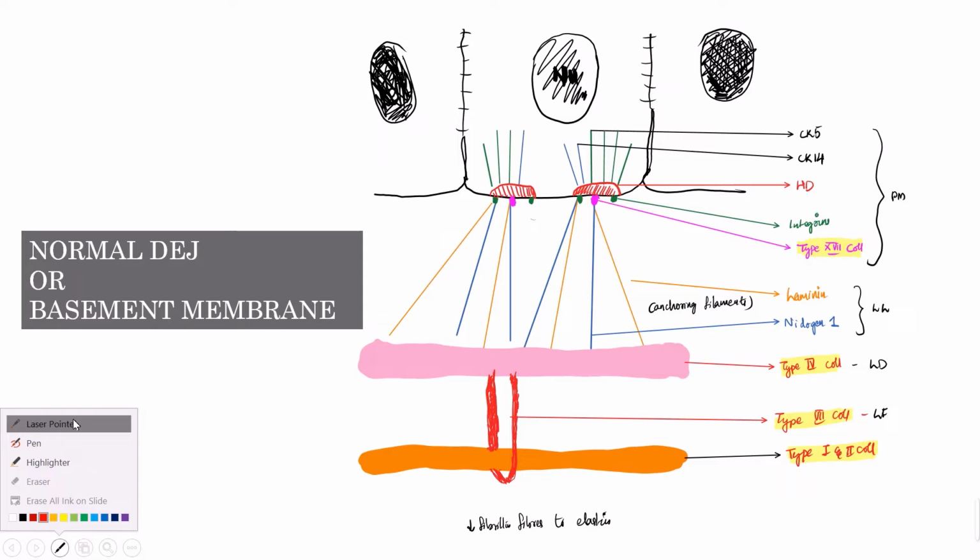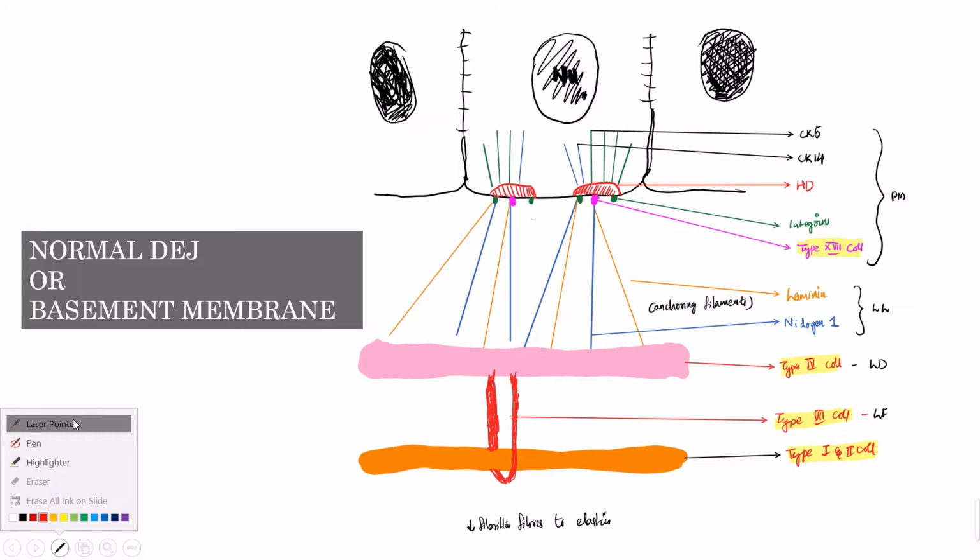Okay, so the underlying three molecules of these integrins and type 17 collagens are bound directly to the type 4 collagen by means of what are known as anchoring filaments, these linear ones.